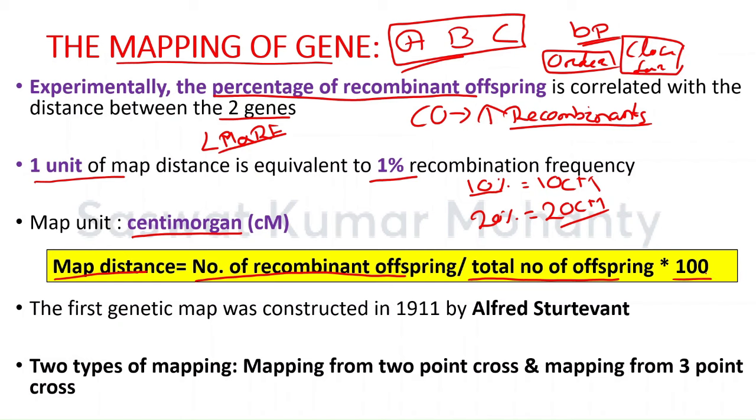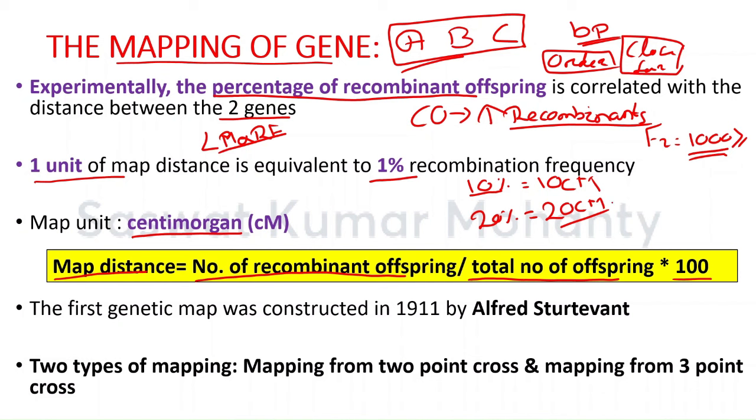As I mentioned in the previous video, when you are going to find the recombination frequency in the F2 generation, you need around 1000 or more offspring. From that 1000 offspring, you calculate how many have recombination, meaning there was a crossing over.